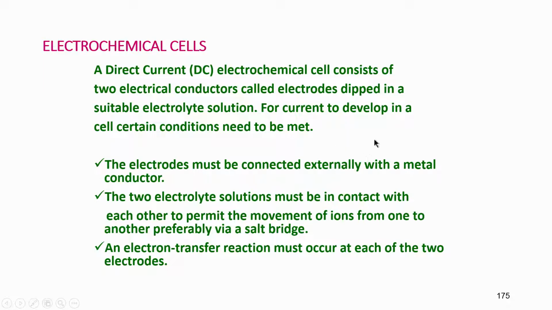Here we measure the potential. I think all of you remember Ohm's law now, that is potential, current and resistance. Basically potential means voltage. So, we are going to measure the voltage.